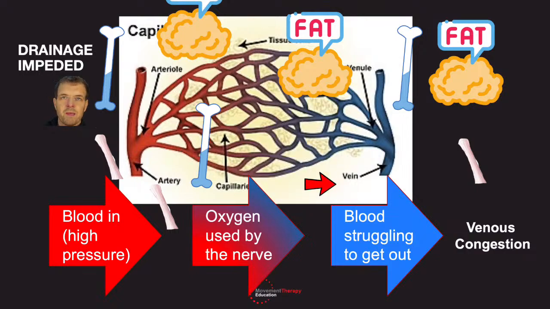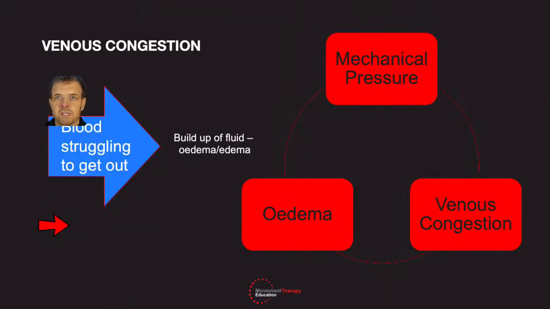And then, because of all the congestion in there, the blood struggles to get out. So we get a venous congestion. And then we've got blood trying to get in, and it's all kind of pooled and blood can't get out. So then that creates edema around the nerve itself.